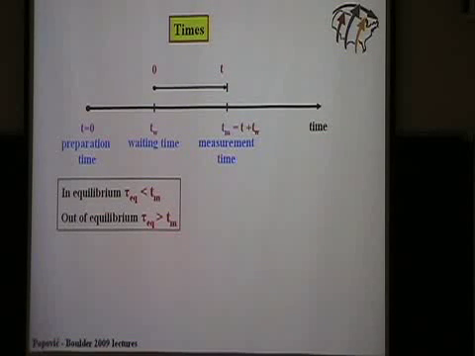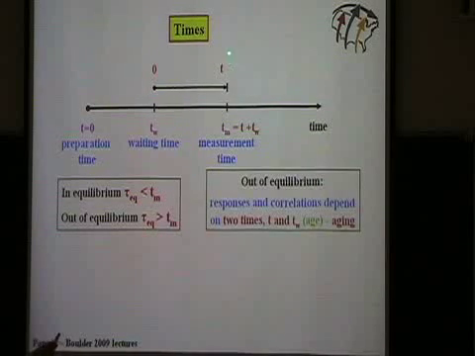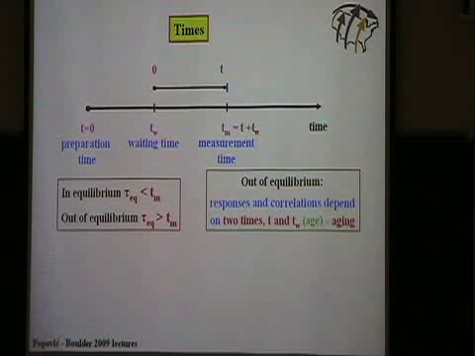However, it turns out that one of the main characteristics of glassy systems is that this kind of relaxation depends not only on the time t, but also on this waiting time, which is sometimes called the age of the system, because you let it sit in this glassy phase for a while, and it ages. It turns out the older systems are slower, which is maybe why it is called this way.